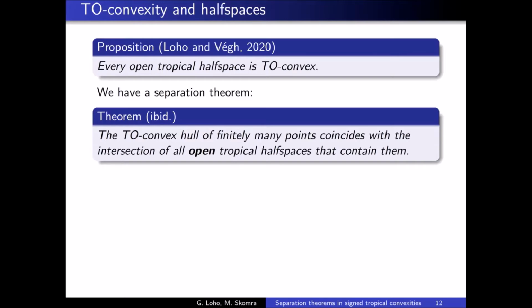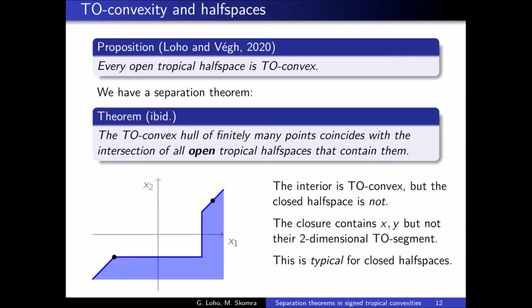However, when we are talking about polyhedra, we often talk about closed half spaces rather than open half spaces, right? And it turns out that the case of closed half spaces is much more delicate. For instance, here you have an example of a half space. And yes, the interior of this half space is TO-convex, as the lemma says.